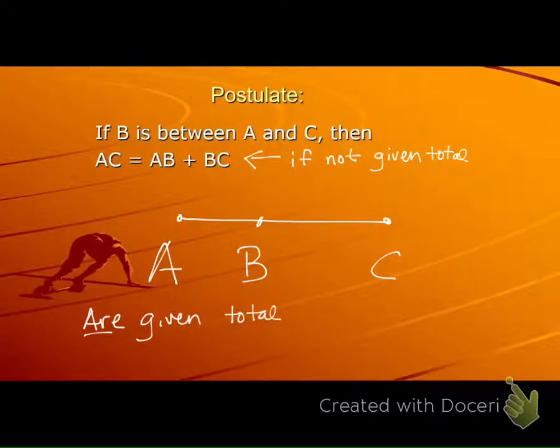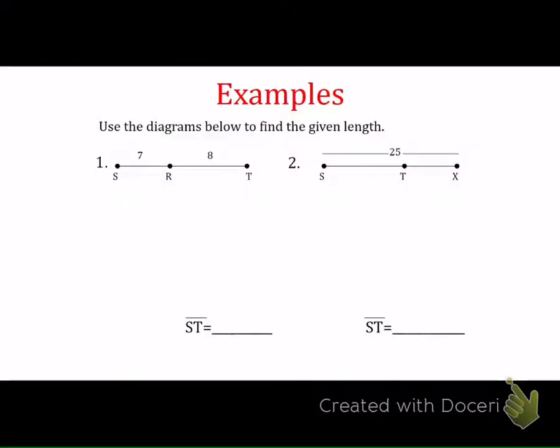If you are given the total, you're actually going to do the big one minus one of the little ones to give you the other little one. Okay? So if you're looking for the whole segment, you add. If you're looking for one of the little segments, you subtract.